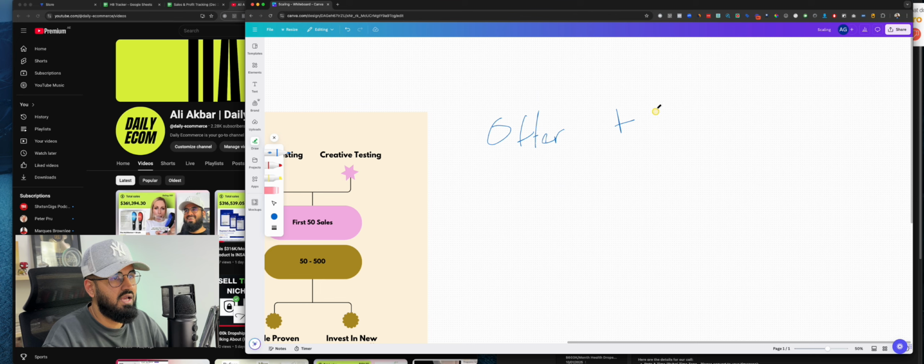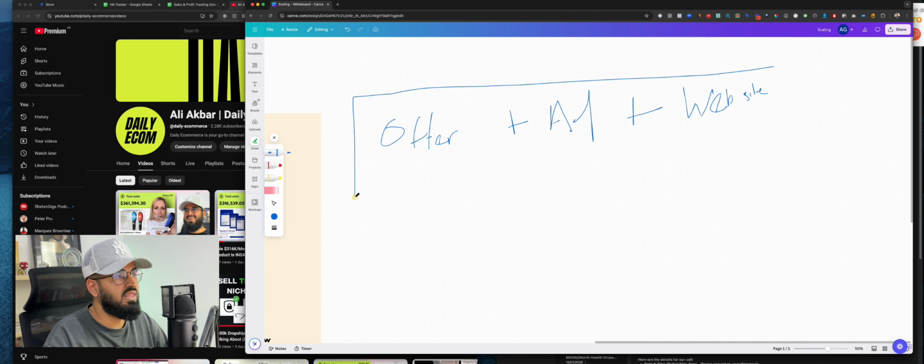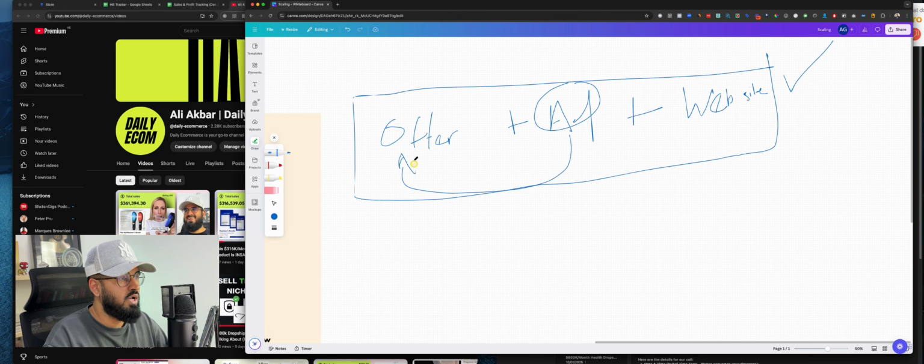You have an ad, which is how you're selling it, and you have a website or a funnel, which is where you're selling it. The first sale proves that this thing you've put together works. Someone saw the ad, which showed them the offer, which took them to the website, and decided, you know what, I want to spend some money here.